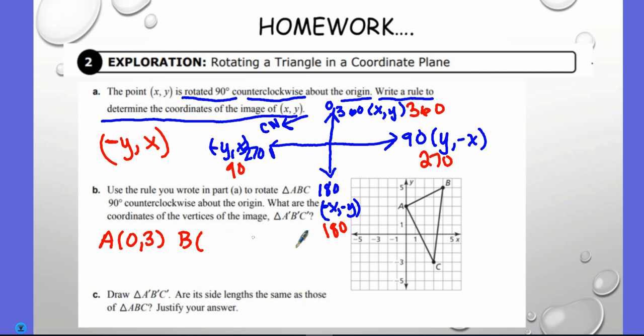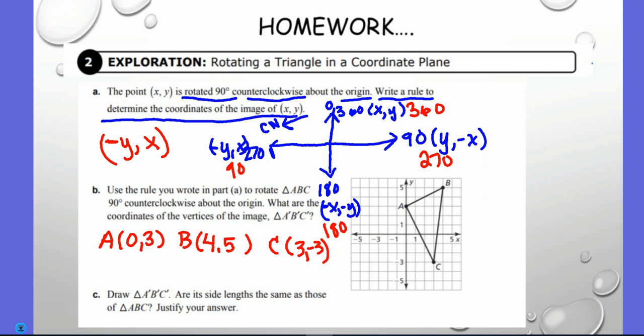B would be (4, 5). And C would be (3, negative 3).